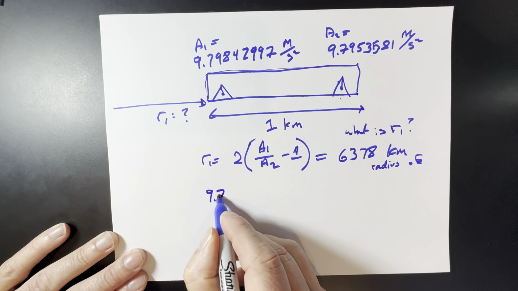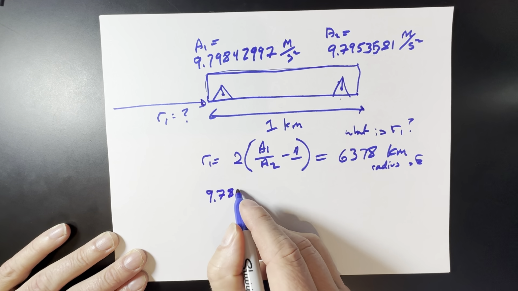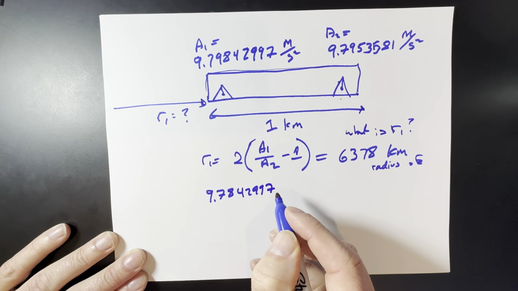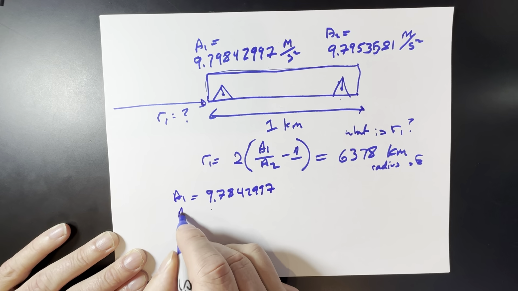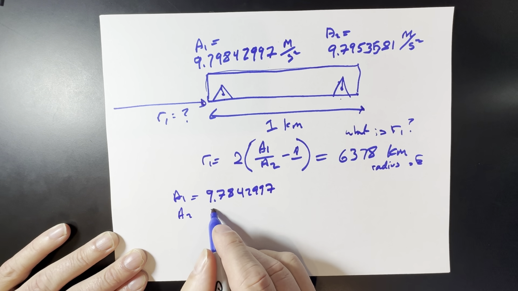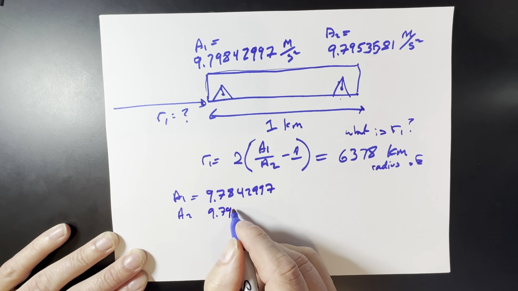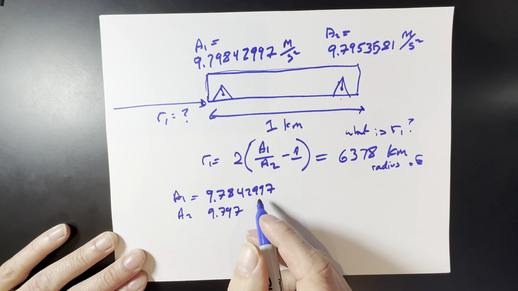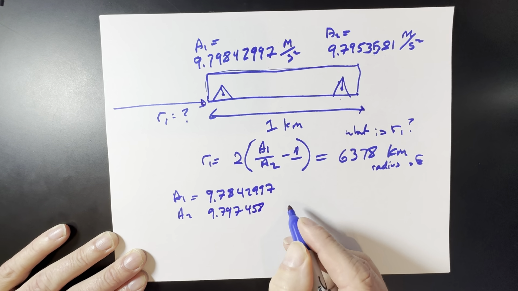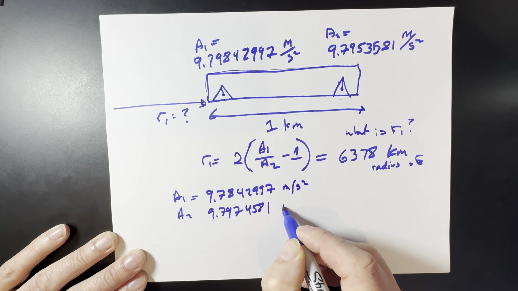You'd get A1 of 9.7842997 and then A2 would be 9.797458.1 meters per second squared, obviously.